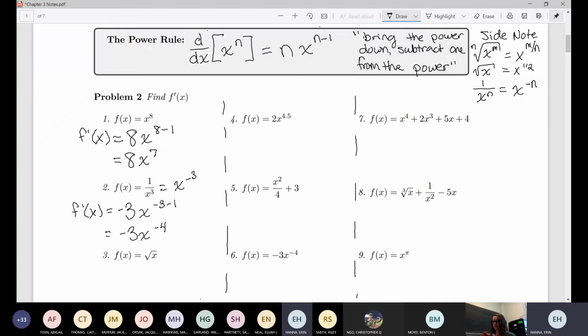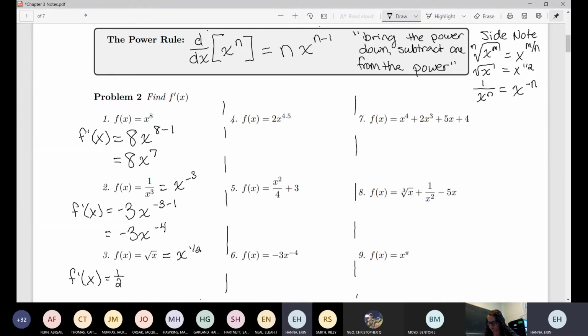For the next one, we still don't have that form yet. So I should change this to be written as x to the 1/2 first. And again, at this point, I have not taken a derivative yet. I've just written a completely equivalent thing. Now that it has the correct format, we have x to some power, and I can take its derivative.